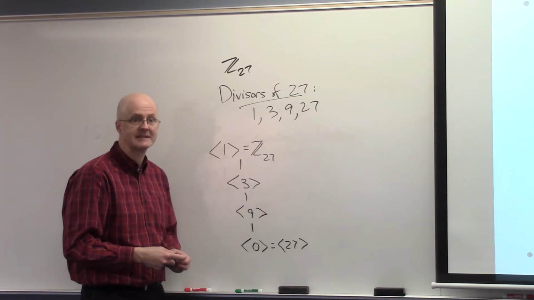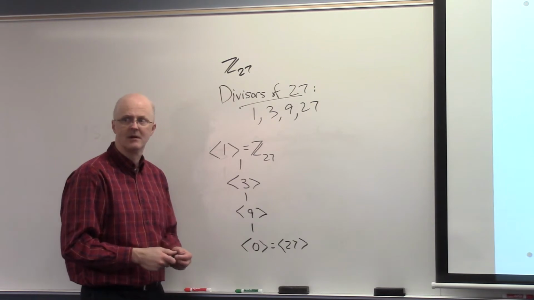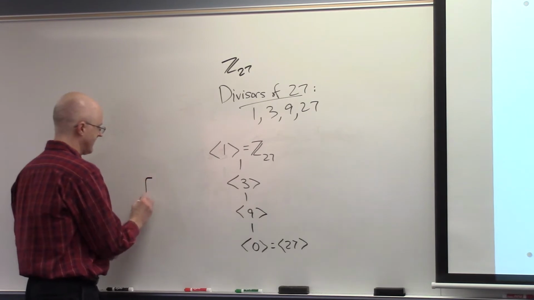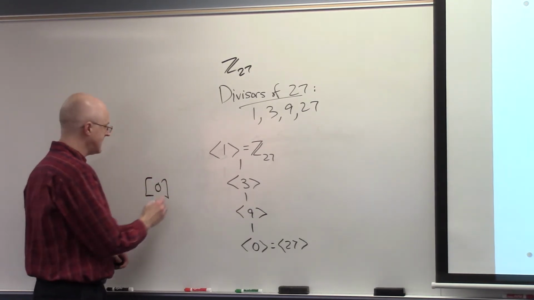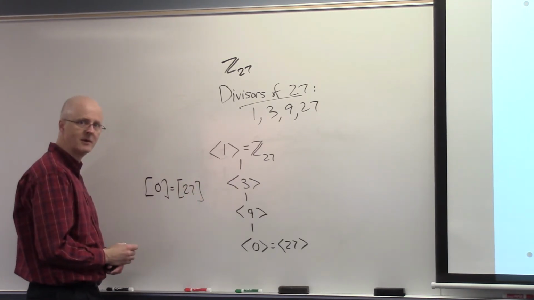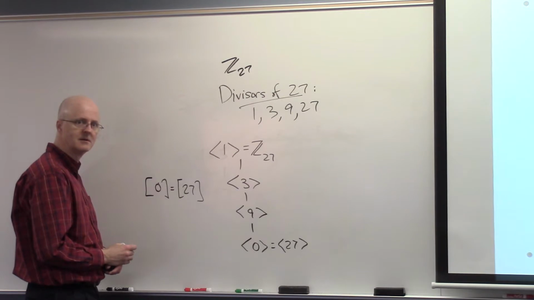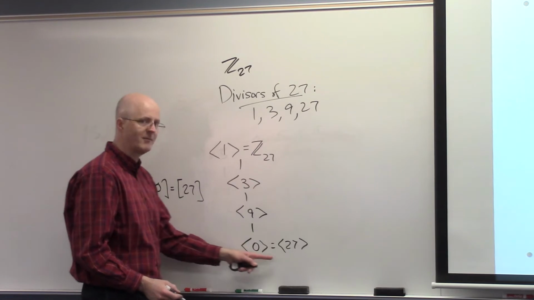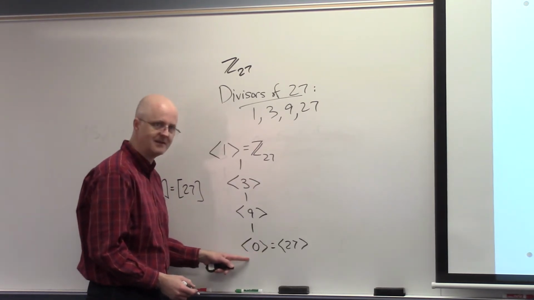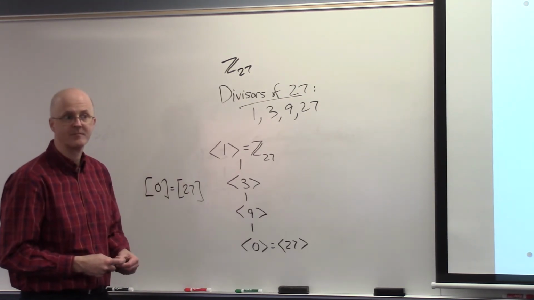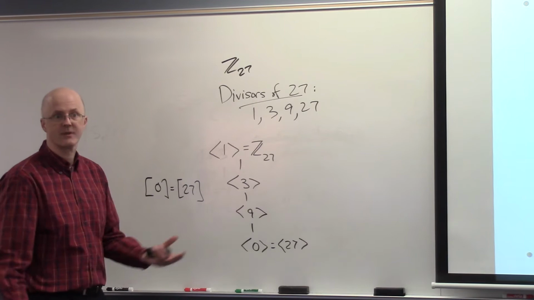If you were thinking about making the cyclic group with equivalence classes mod 27, like I talked about a week and a half ago, the equivalence class containing 0 also is the same as the equivalence class containing 27 in arithmetic mod 27. And you could do that kind of thing. I won't mark myself as being wrong here, but ideally, do it that way. So if the cyclic group has an order that is a power of a prime, then the subgroup lattice structure is very simple.